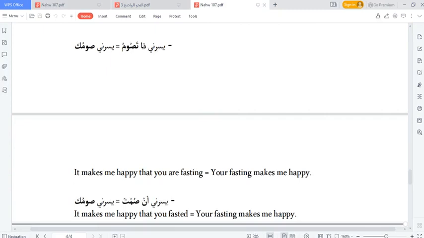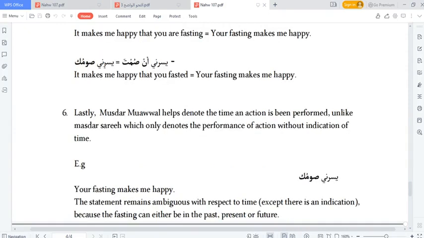We said the huruf masdariya plus the fi'l will be substituted entirely with the masdar. So yasuruni ma tasumu, it makes me happy that you are fasting, becomes what? Yasuruni sawmuka. Your fasting makes me happy.